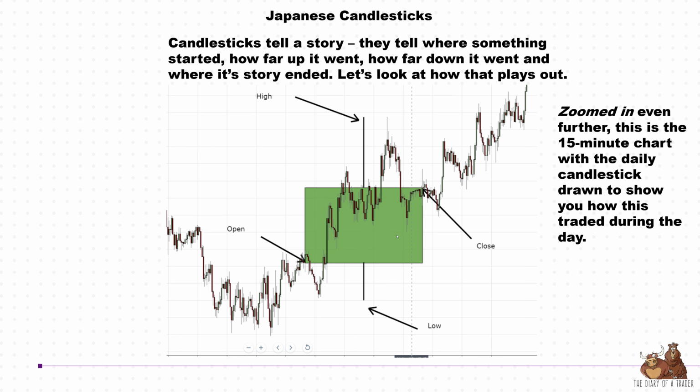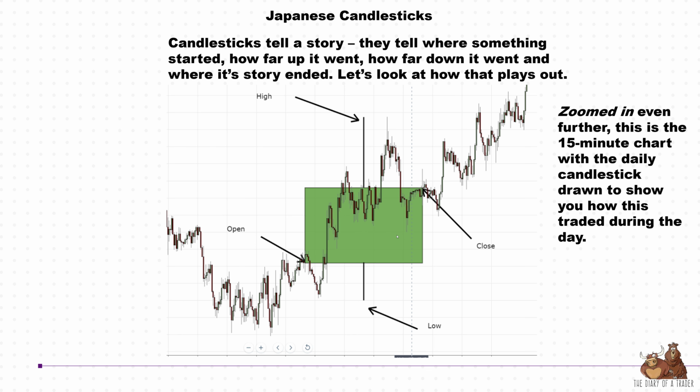Now, each candlestick itself has a specific interpretation to it, but that's for a separate video series that we'll be doing. But how you view it, how you understand it, interpret it, this is what a candlestick chart is. This is how it's constructed, and this is how it's viewed.